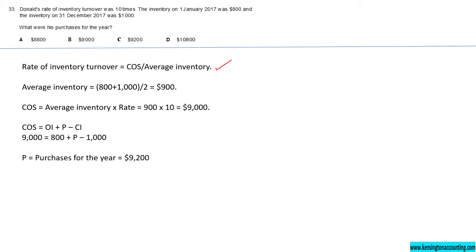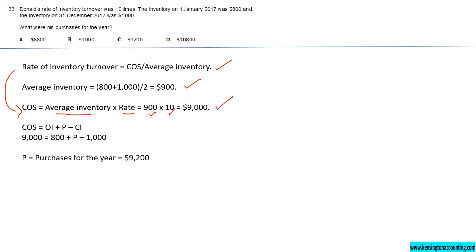And average inventory is equal to opening inventory plus closing inventory divided by 2, which is 900. Therefore cost of sales will be equal to average inventory times the rate of inventory turnover. The average inventory is 900. The rate of inventory turnover given is 10. Therefore cost of sales is 9,000.